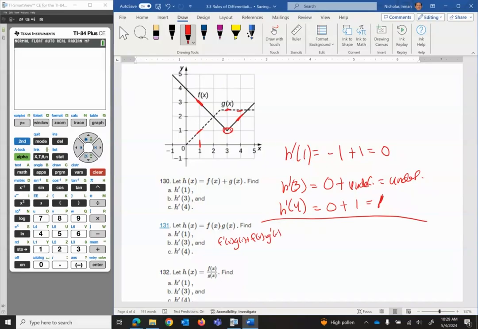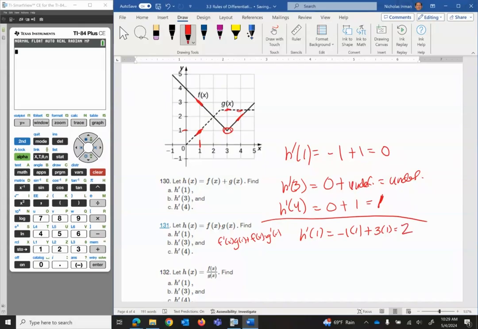So for h prime at 1, f prime, the derivative of f at 1 was negative 1 times just the g value at 1, which is 1, plus f at 1 has a height of 3. g prime at 1, its slope is 1. So we add these two things together. Negative 1 plus 3 is 2.